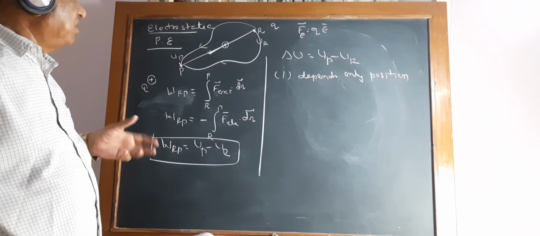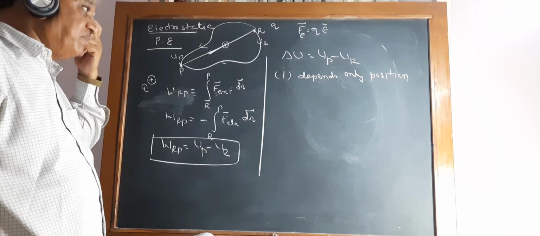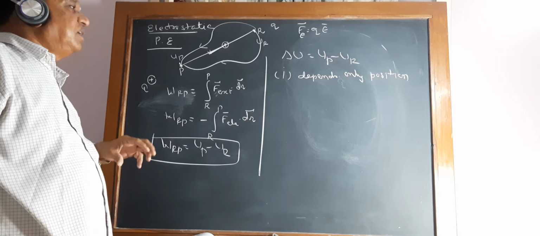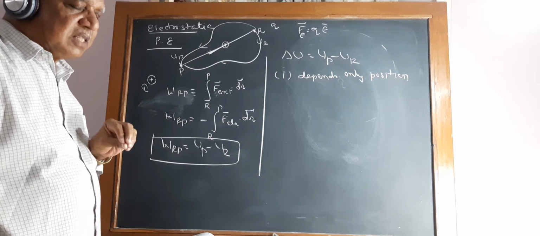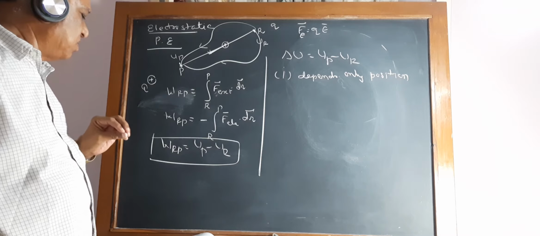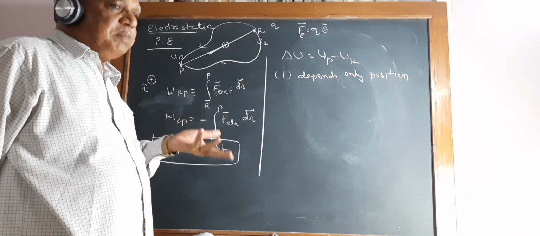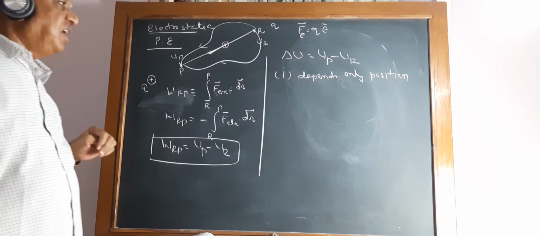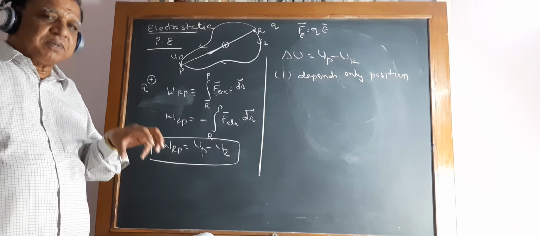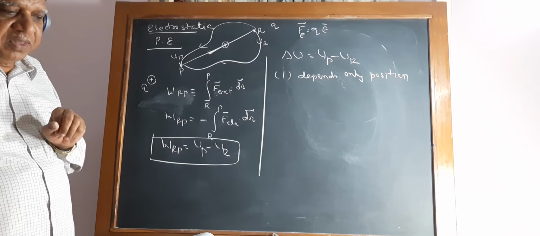Path on which you are moving from initial point to final point, this path is not of importance, or we can say it is independent of the path, and this is the basic property of the electric field.